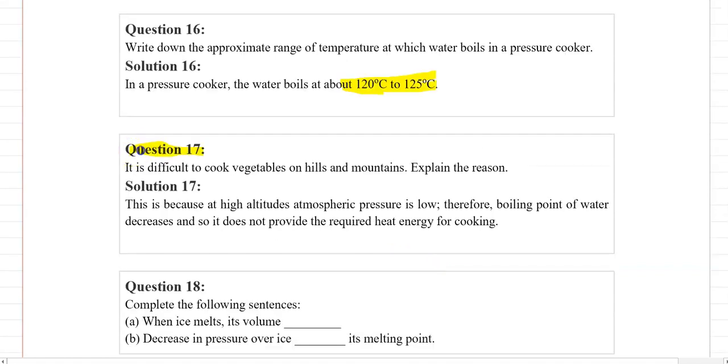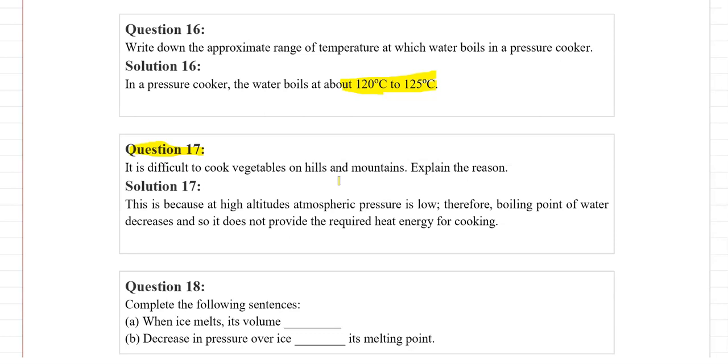Question number 70. It is difficult to cook vegetables on a hill or mountain. Explain why. On a hill or mountain, the pressure is very low, lower than at sea level. So the boiling point is low.